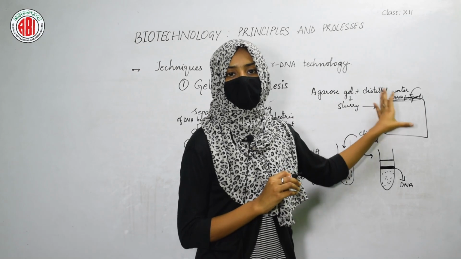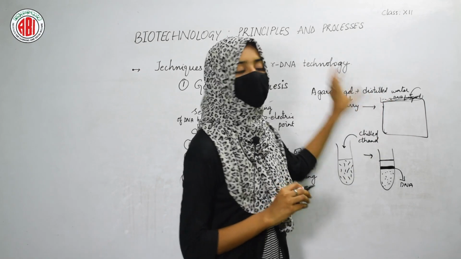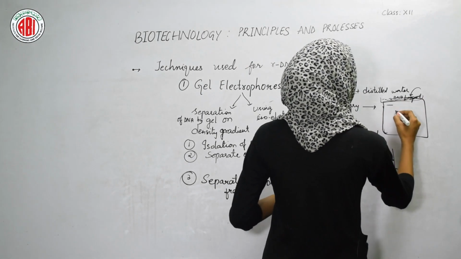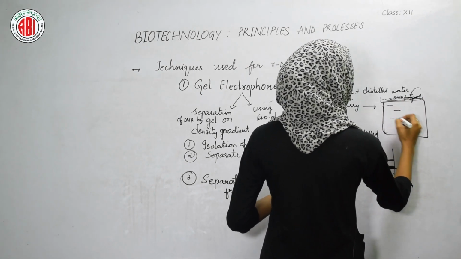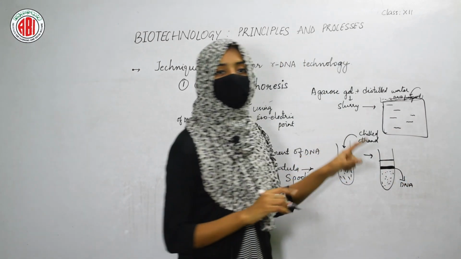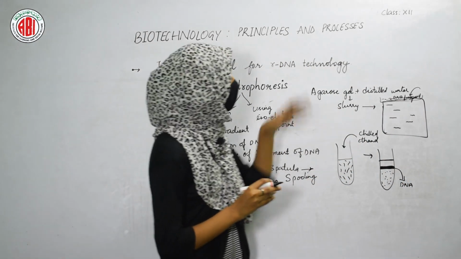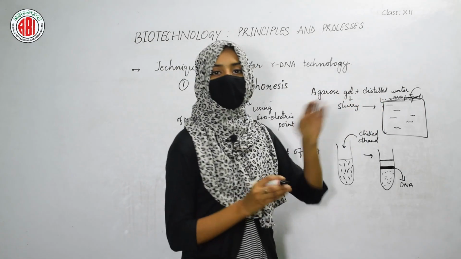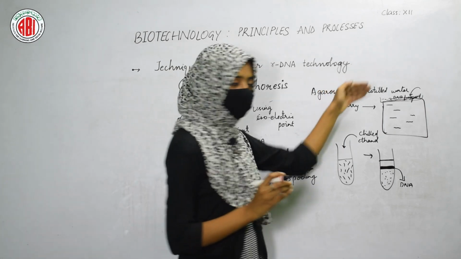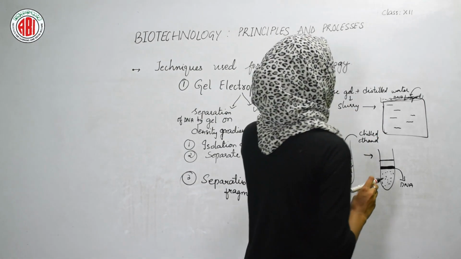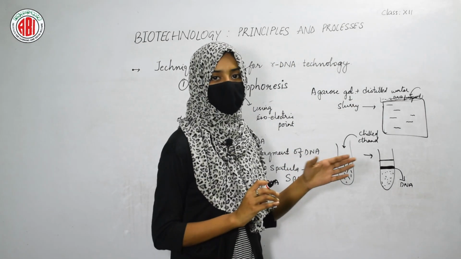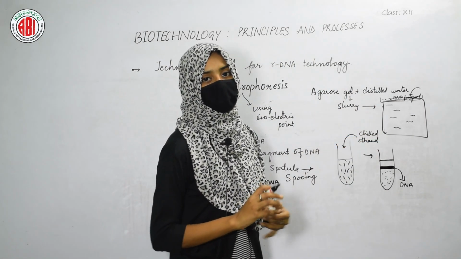Along with the buffered solution, these DNA fragments will also move on this gel plate. One point that we need to remember here is, bigger DNA fragments will move a shorter distance, and small size DNA fragments will move a longer distance on this gel plate. So this is how the separation of the DNA fragments takes place on the agarose gel plate.